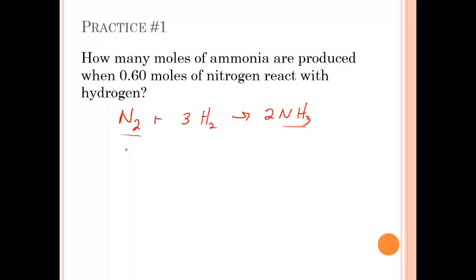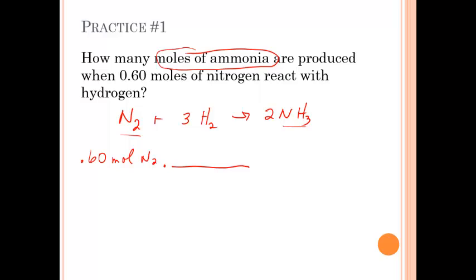So we know that we have 0.60 moles of nitrogen, and we want the moles of nitrogen to go away. What we're asked for is moles of ammonia. Now, in the previous unit, when we converted from moles to grams and molecules, we didn't switch to a new substance.